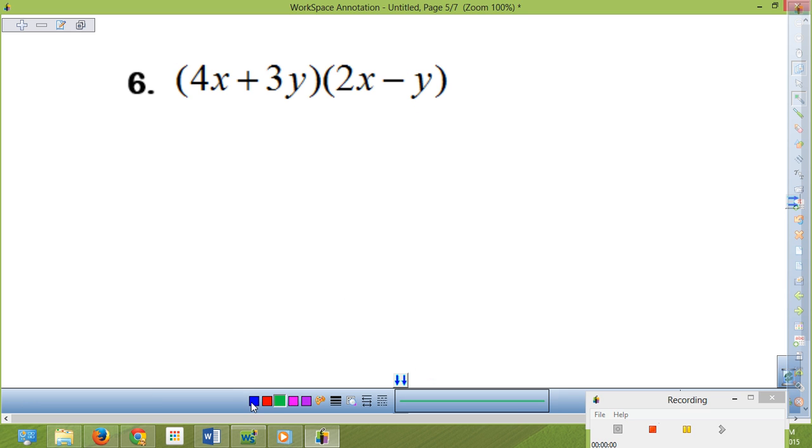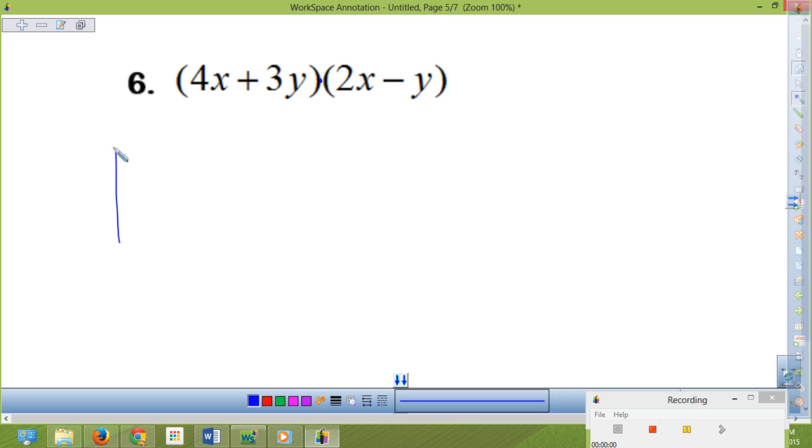Okay, looking at question number 6, we will solve it first by doing the box method because we have a binomial times another binomial. Be careful, because sometimes when we mix them up, there's not always a times here. Sometimes we put a plus, sometimes we put a minus, so you have to be mindful and look to see which one we're doing.